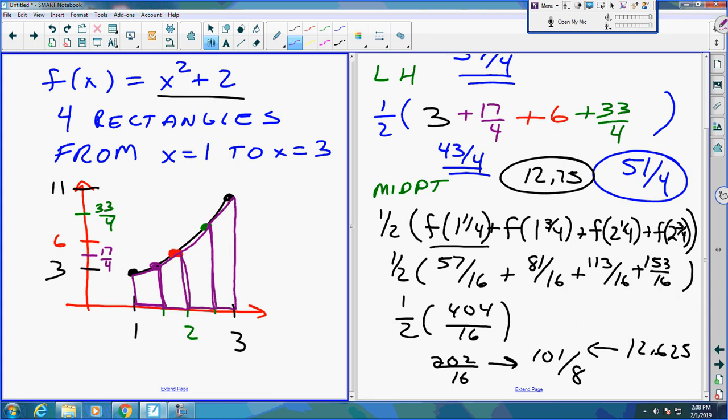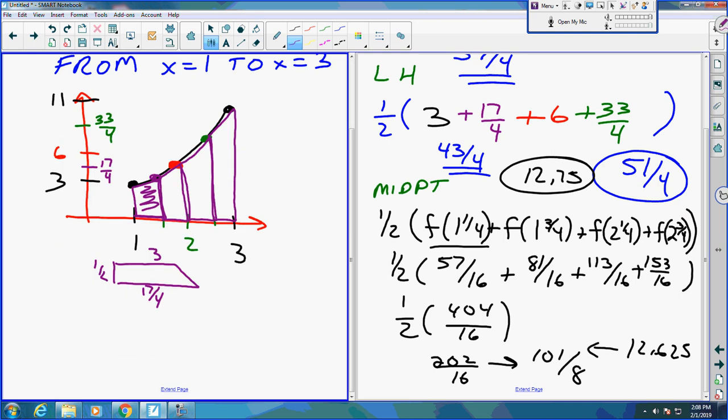And I know the heights of all these trapezoids is a half, because you have to picture, when you look at this trapezoid, we're really thinking about it this way. Where it's a half tall, this leg is 3, this leg is 17/4. And if you don't remember your formula for trapezoid, the formula for a trapezoid was base 1 plus base 2 over 2 times h.